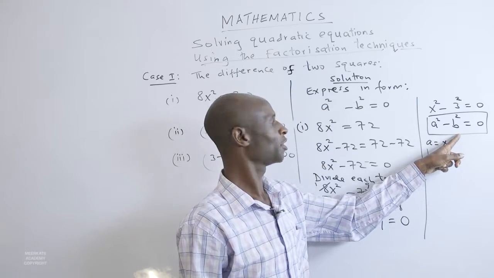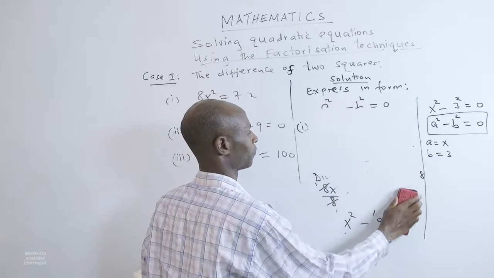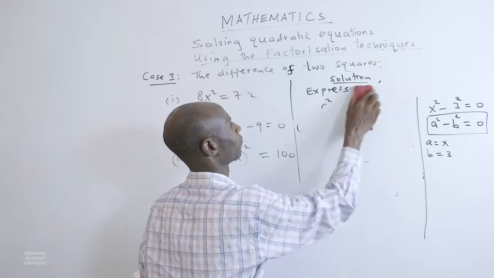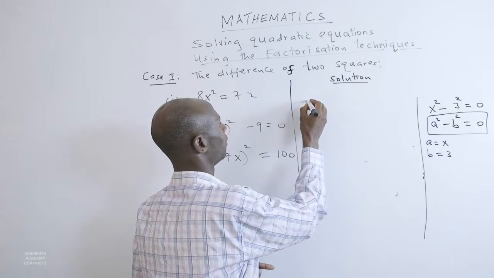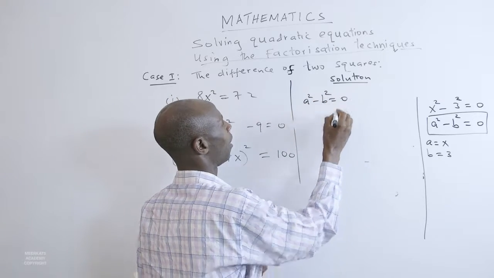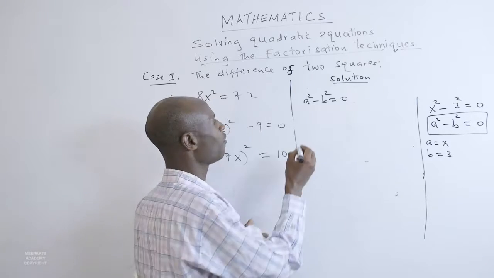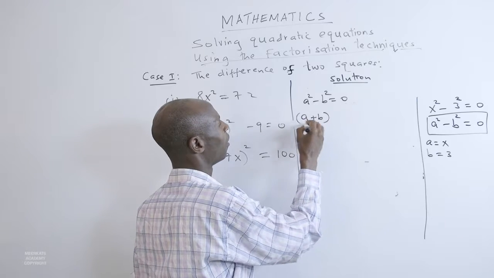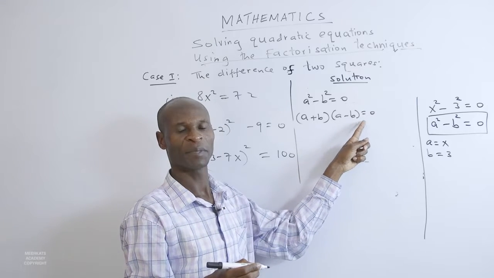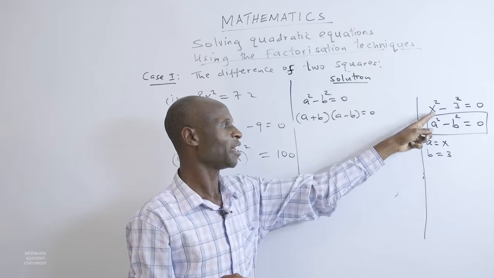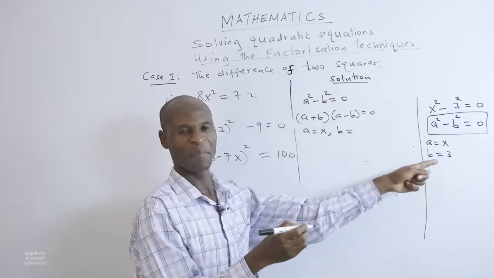If we substitute, then I did mention that a squared minus b squared is equal to 0 can be expressed in factor form as a plus b into a minus b is equal to 0. And we have identified our a as x and our b as 3.